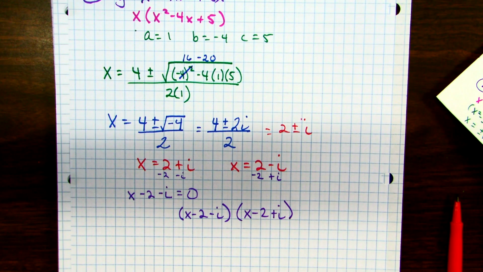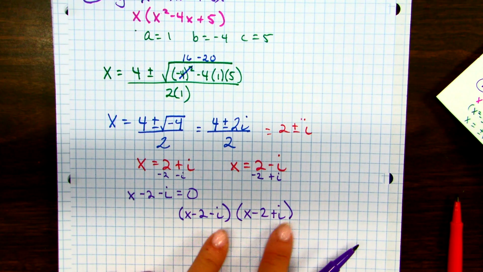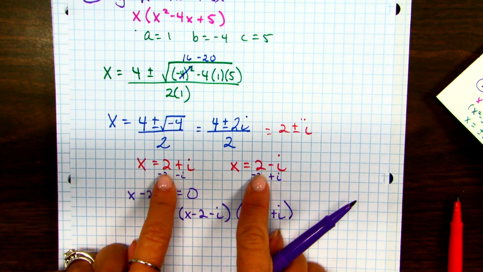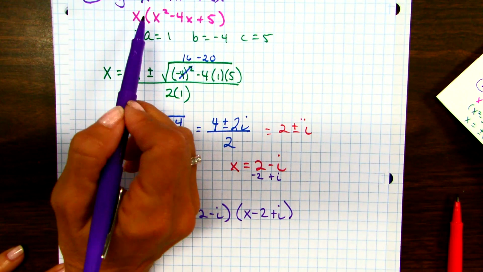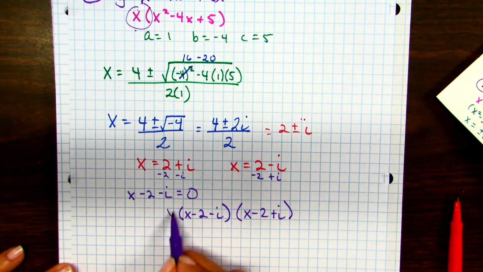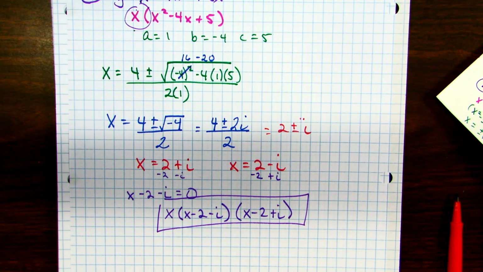I know one of the things that confuses people is that both of them have a -2 in them, and then they both have i's that are opposite signs. But that's because the 2's were the same signs when they were zeros. So when we do positive 2 to the other side, it becomes -2 or -2, okay? Don't forget that when at the very beginning of the problem, way up here, we factored an x out as well. Those are your 3 factors.